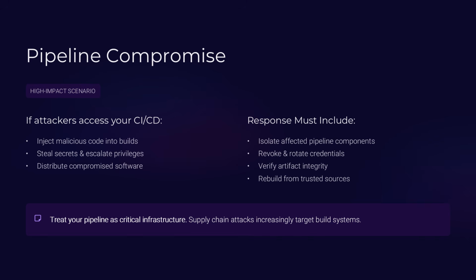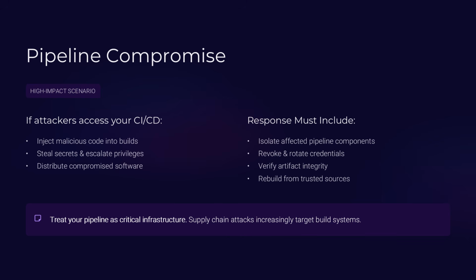One of the most dangerous threats in DevSecOps environments is pipeline compromise. If an attacker gains access to your CI/CD system, they can inject malicious code into builds, modify artifacts, steal secrets, escalate privileges, distribute compromised software to customers. This is not theoretical. Supply chain attacks increasingly target build systems.